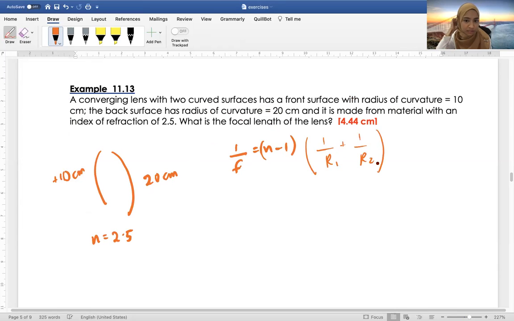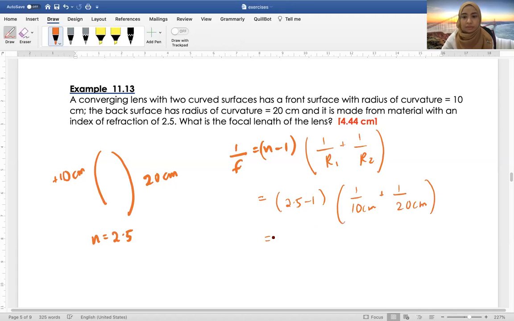Here they did not indicate which side gets the incident light, so you can just assume either one. So 2.5 minus 1, 1 over 10 centimeters. I told you if you make everything centimeters, then you will get your answer in centimeters. You don't have to convert because n is unitless.